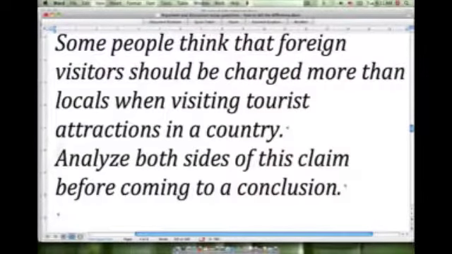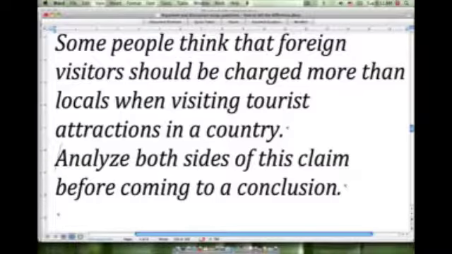Okay, "Analyze both sides of this claim before coming to a conclusion." I'll give you a few seconds to decide what kind of essay we would need to respond with. And if you guessed a discussion essay, you would be correct. Analyze both sides of this claim before coming to a conclusion.